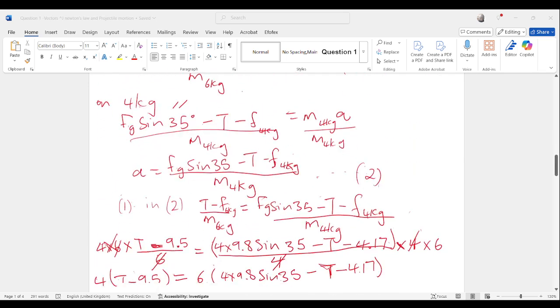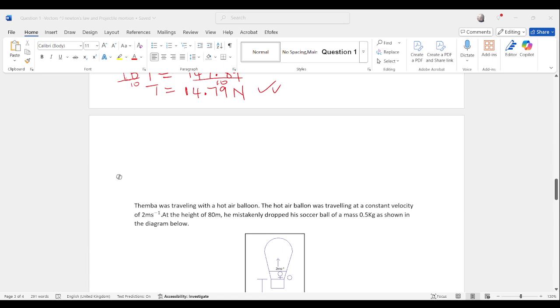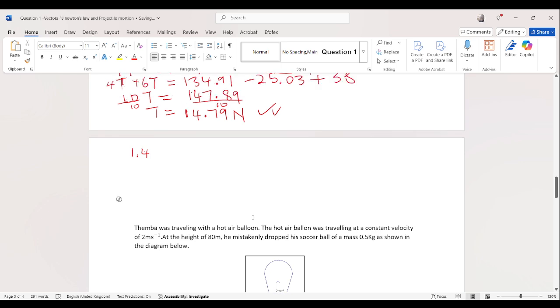Now, the acceleration of the 4 kg block, it will be as follows. You see the question, 1.4.3.